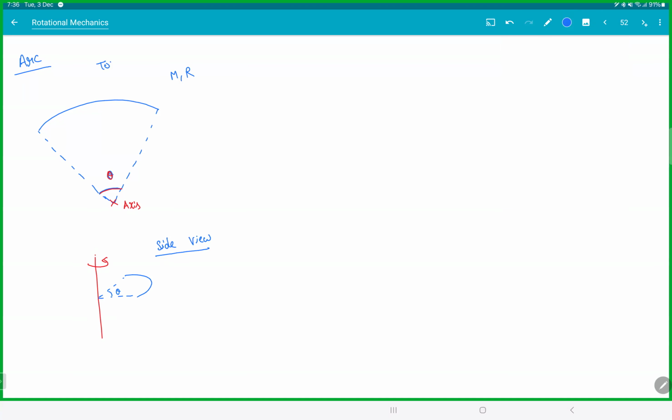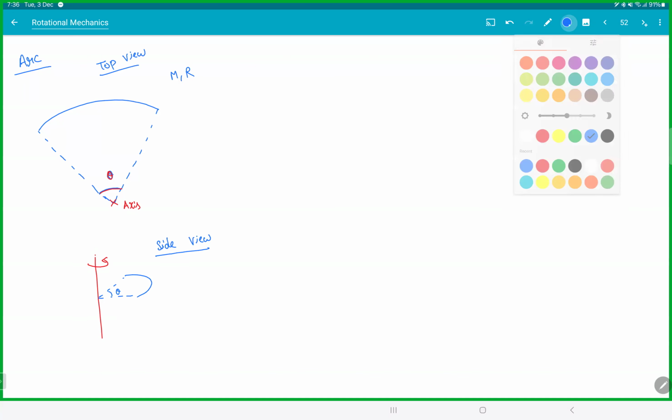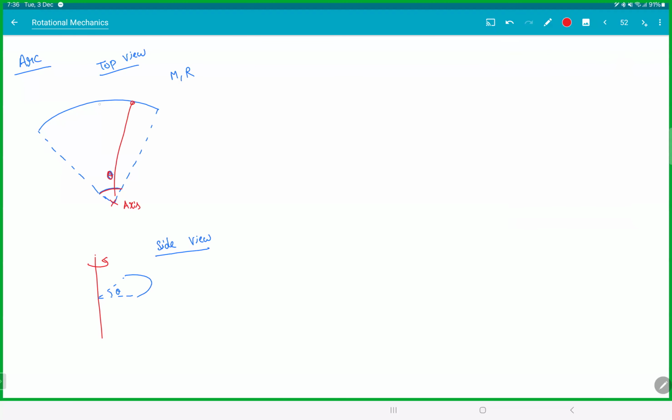This is the top view. What is the answer for this? All the points are at same distance from the axis, right? It won't matter. I is mr square. All points are at same distance.